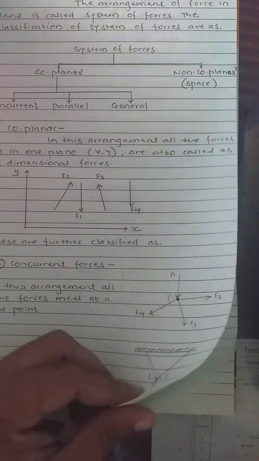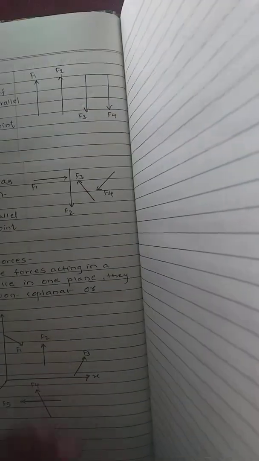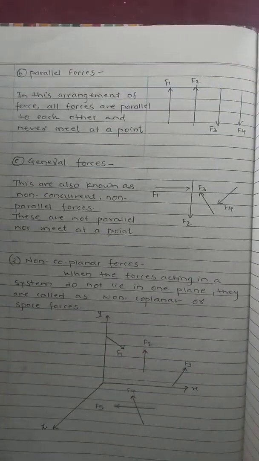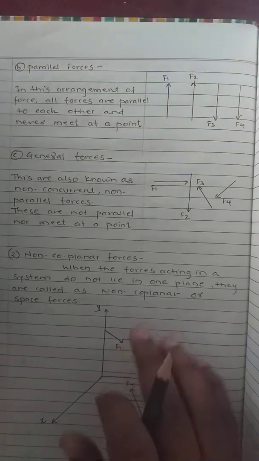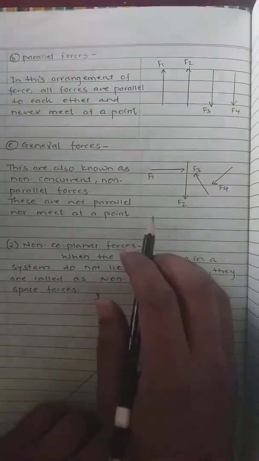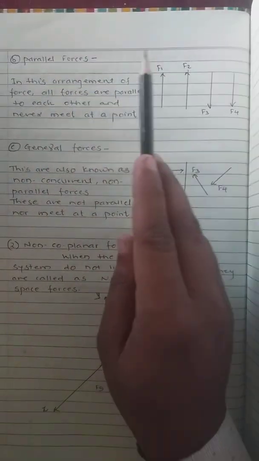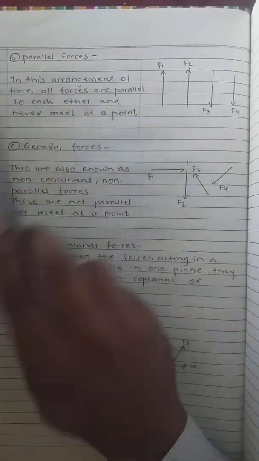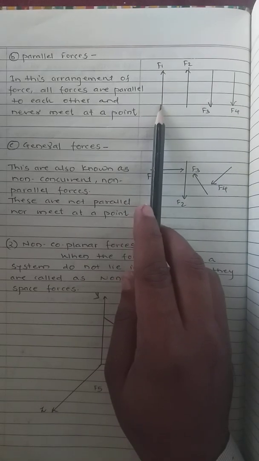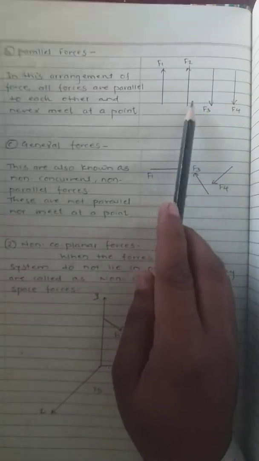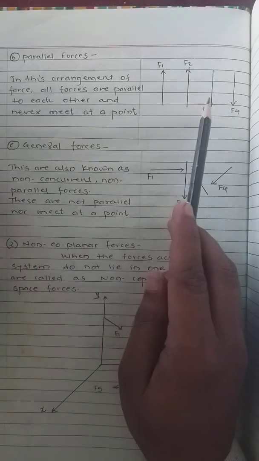Okay, next, after the concurrent force system, there is a parallel force system. Now in parallel forces, as the name itself indicates, these are parallel forces. See the example: F1, F2, F3 and F4 are exactly parallel to each other.